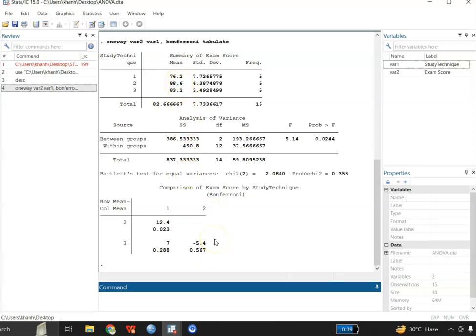So on the basis of these p values, the mean difference between group 2 and group 1 is statistically significant. However, the mean differences between group 3 and 1 and between group 3 and 2 are not statistically significant.